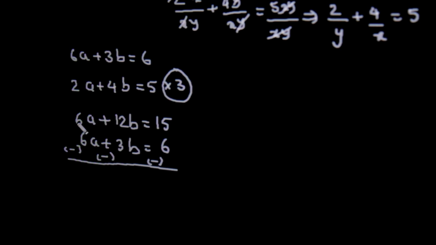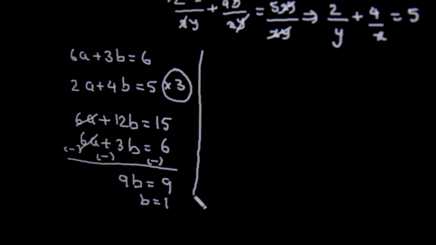This is plus 6a, this is minus 6a, get cancelled. 12b minus 3b is 9b is equal to 15 minus 6 is 9. Then b will be 9 by 9, that is 1. You got the value of b.